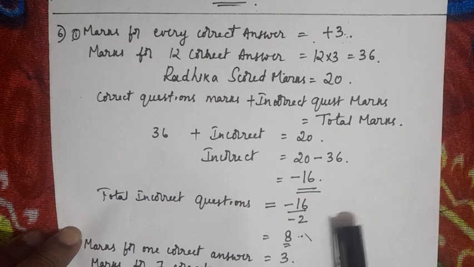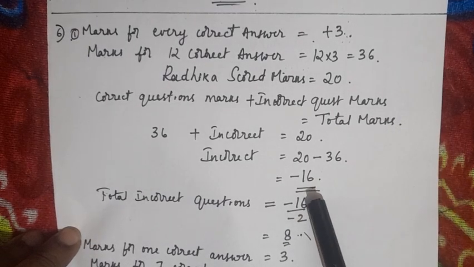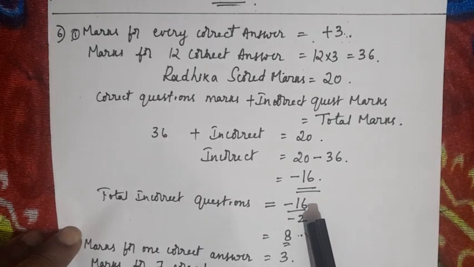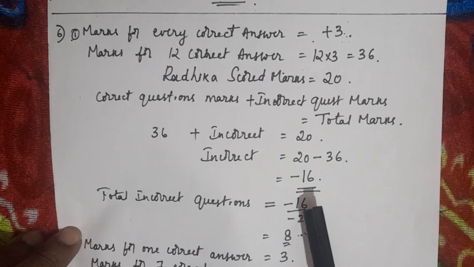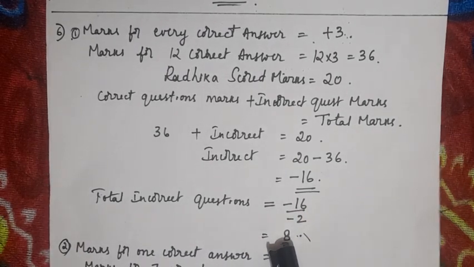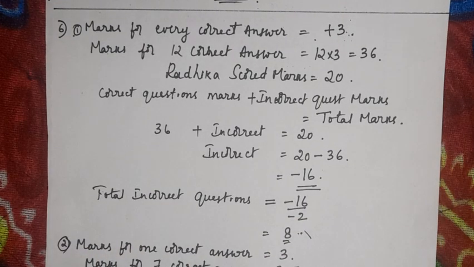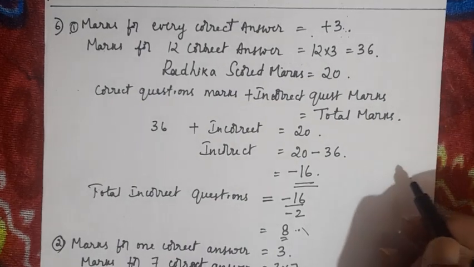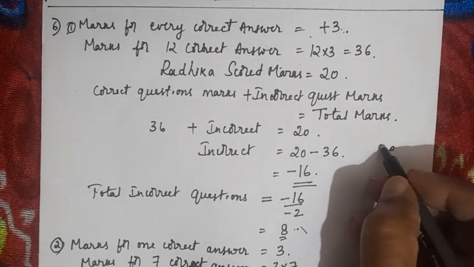That is minus 16 divided by minus 2, since minus 2 is the marks for every incorrect answer. Minus divided by minus is plus, and 16 by 2 is equal to 8. So she got 8 questions incorrectly. You can cross check this problem. So she got 20 marks.